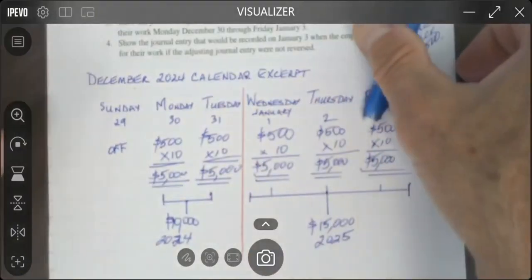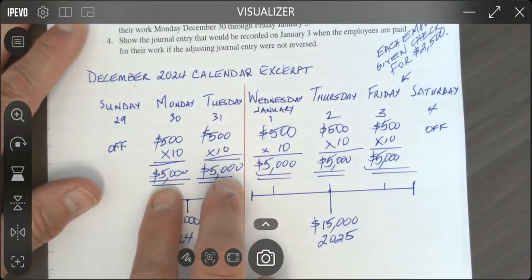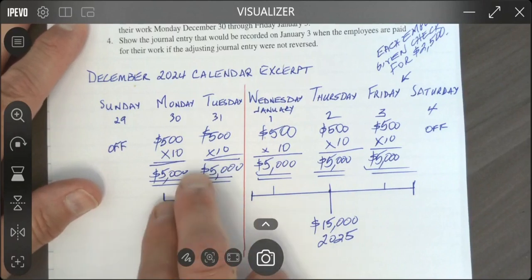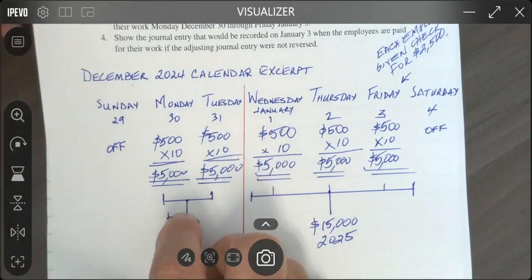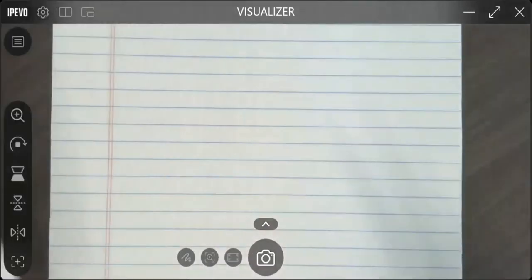And among the adjusting journal entries, we have to accrue that the employees earned a total of $10,000 for their work on Monday and Tuesday before they all went away for their New Year's Eve party. Hopefully they didn't work too late because they had to come in on the 1st.